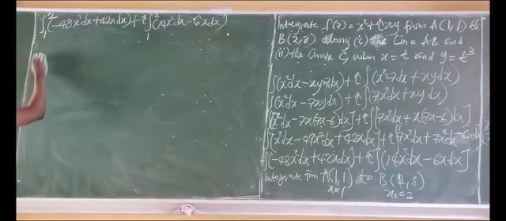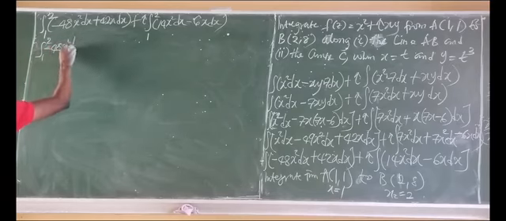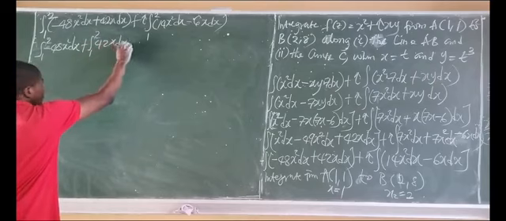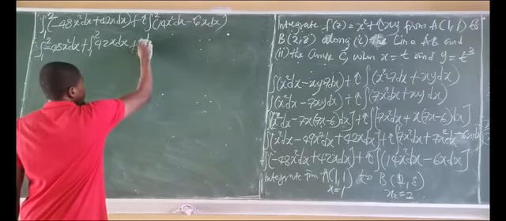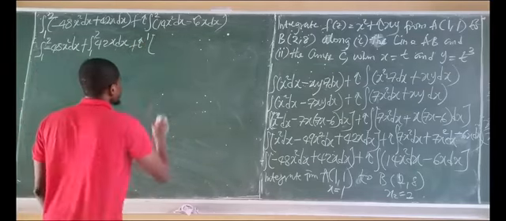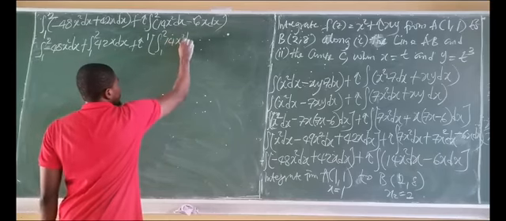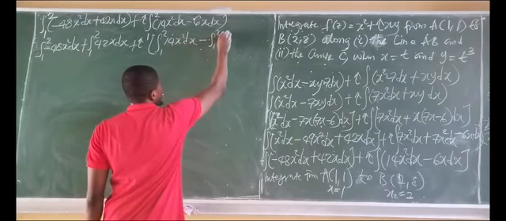You have this to be equal to the integral from 1 to 2 of minus 48x squared dx plus the integral from 1 to 2 of 42x dx, plus i, let's keep i multiplying everything, the integral from 1 to 2 of 14x squared dx minus the integral from 1 to 2 of 6x dx.